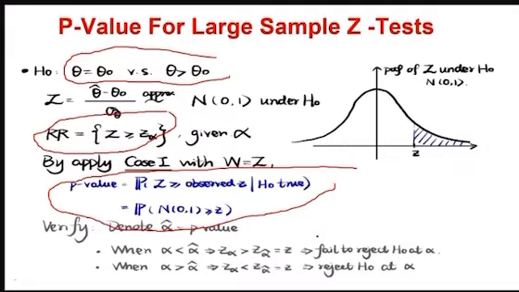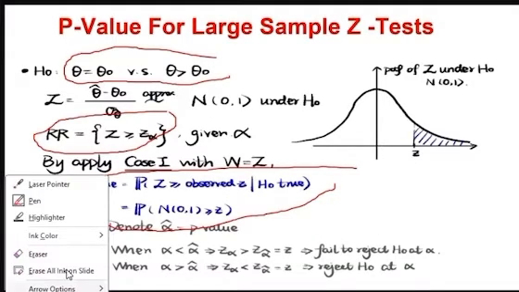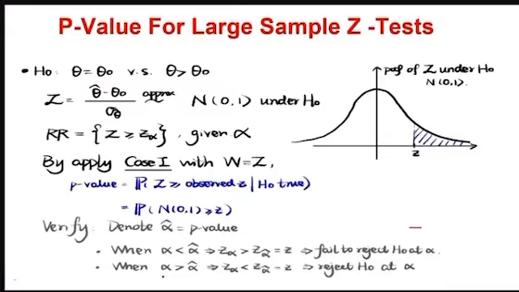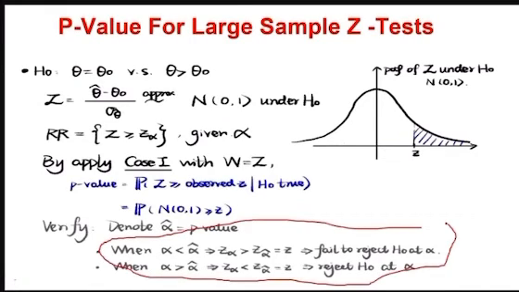To decide whether to reject the null hypothesis, I compare the p-value with the level of significance. When the p-value is less than the level of significance, the null hypothesis is rejected. And when the p-value is greater, we fail to reject it. So this is for a one-tail, upper tail test.